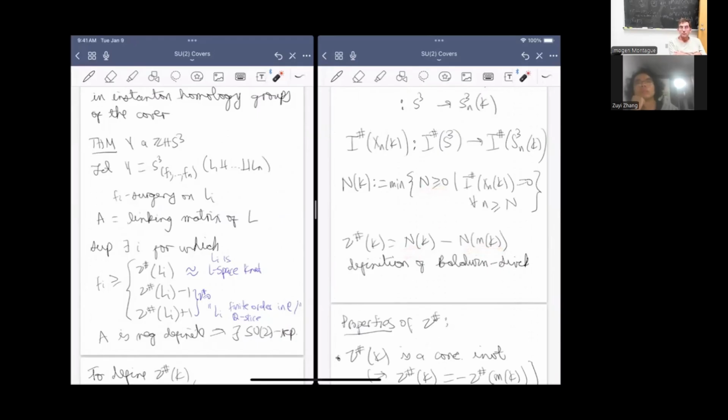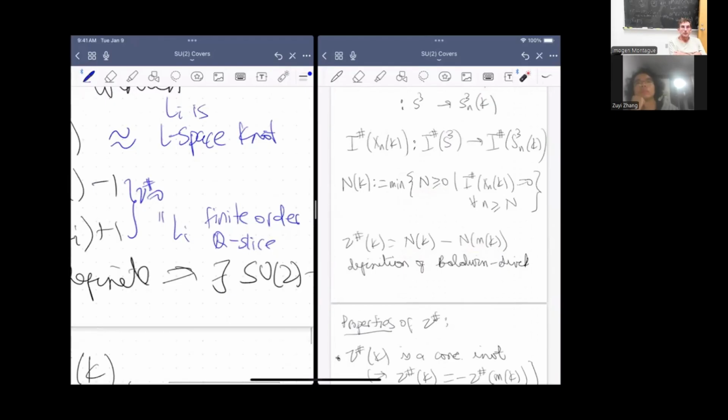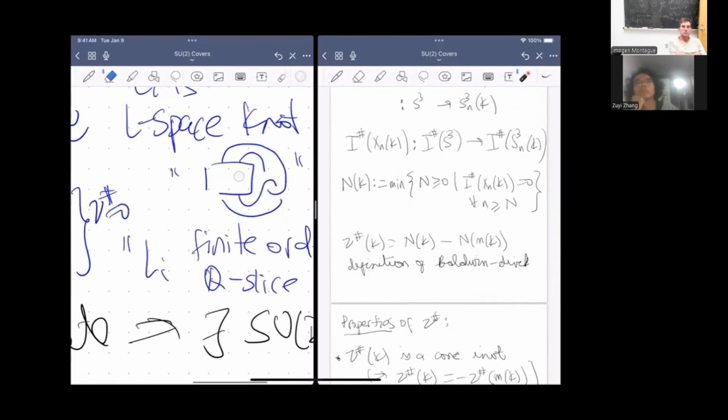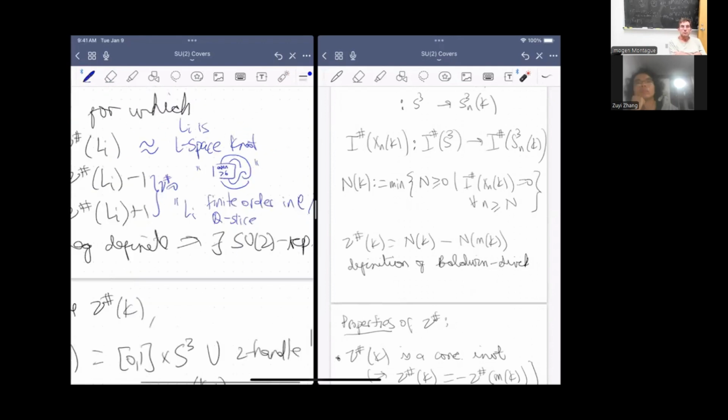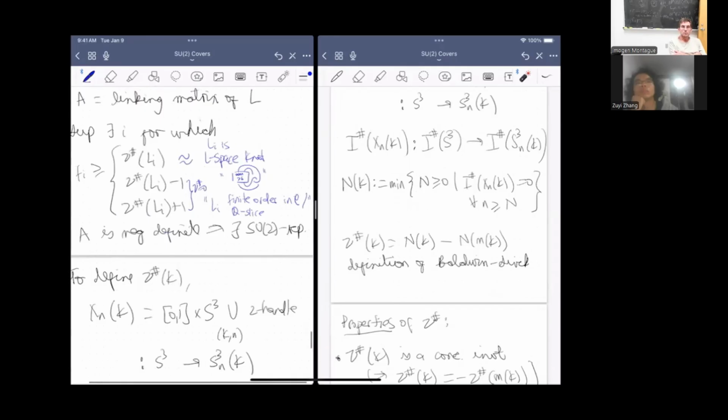Examples of these are going to be twist knots with an even number of crossings and then a positive clasp. All of these twist knots are going to be included in these ones, except for, let's say, even greater than 6, so as to exclude the figure 8 knot and the stevedore's knot.